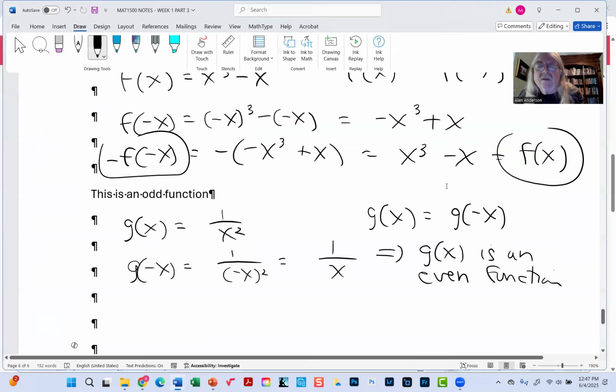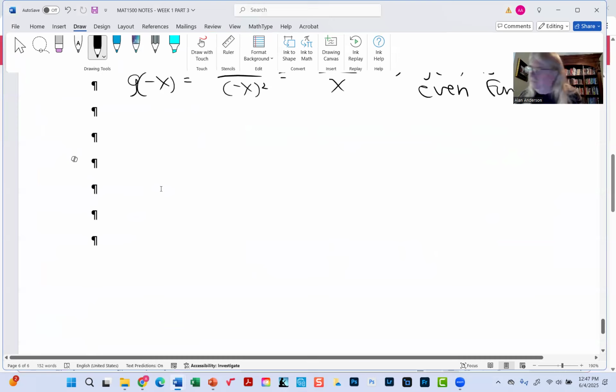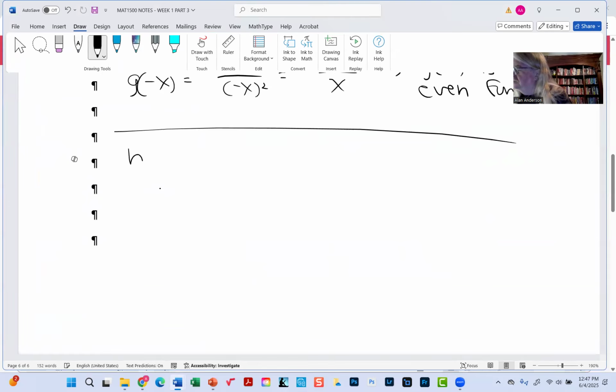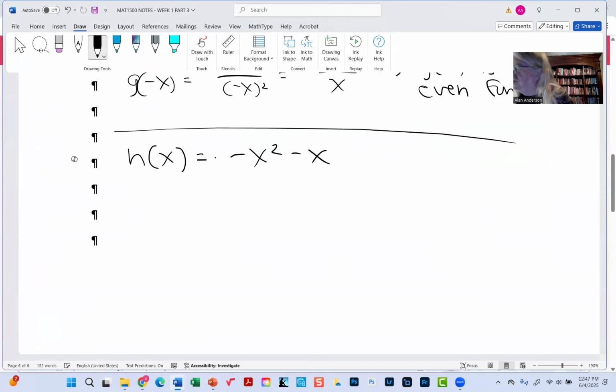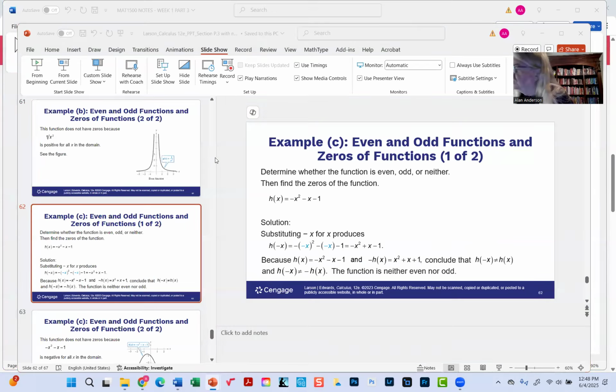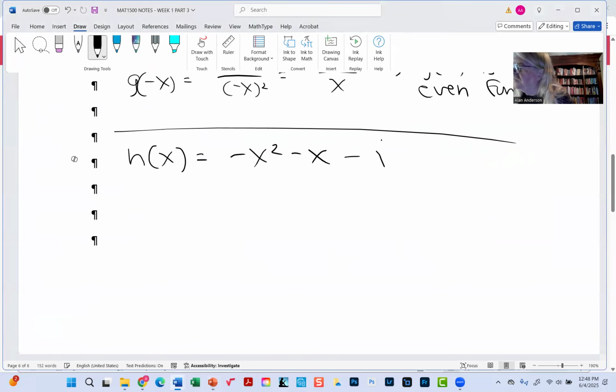Ooh, now here's a tricky one. Negative x squared minus x minus 1. So let's start by checking it to see if it's even. If it is, then this statement is true.